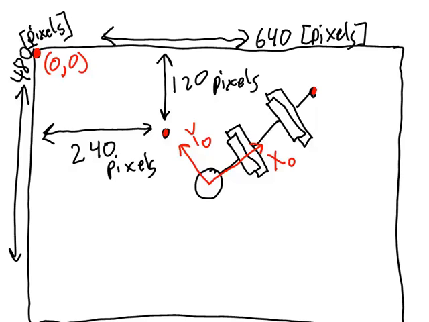So how can I do that? Let's take a look at the process of how we go from the location of an object in units of pixels in the field of view of the camera into physical distance units in the base frame of the manipulator.